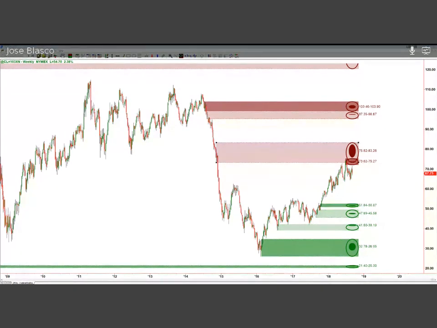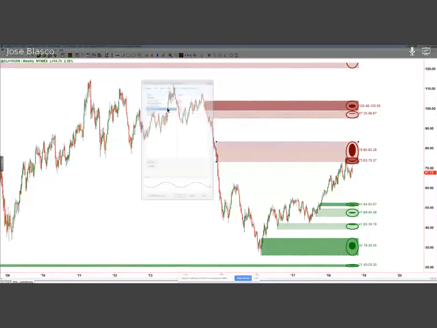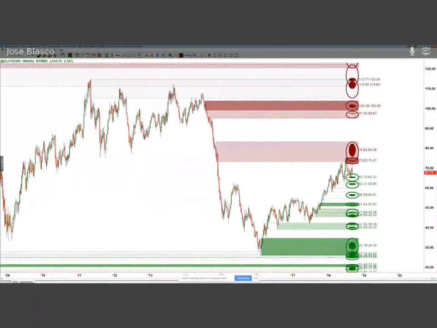And one way to understand that better is if you get into the inputs of the indicator and locate Hide Hit UFOs, and here it says true, you were to type false. Well, notice how Auto UFOs had identified that particular region of price.